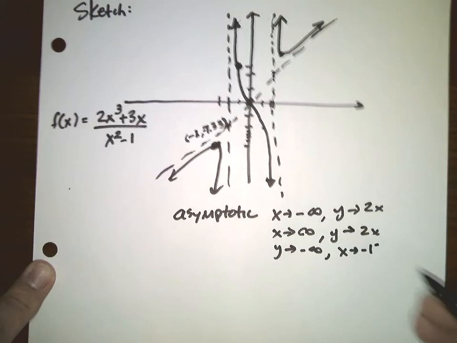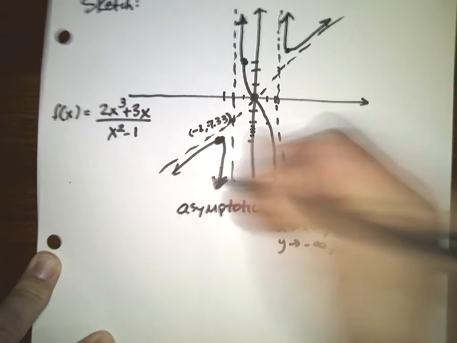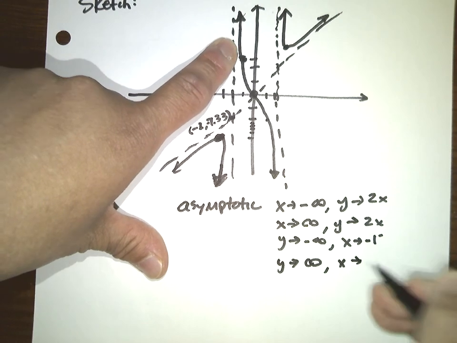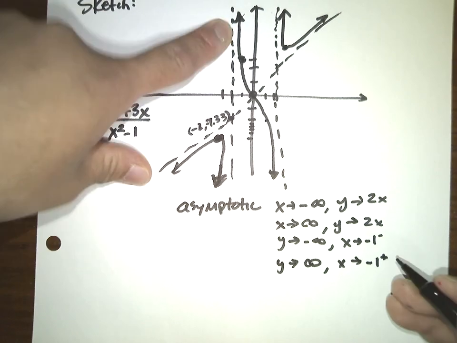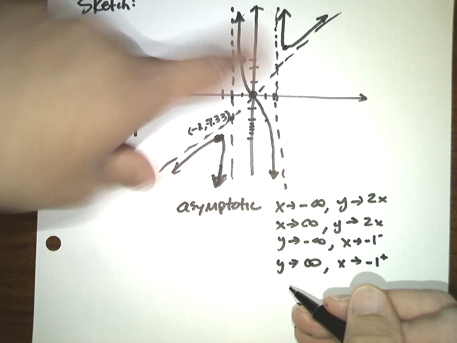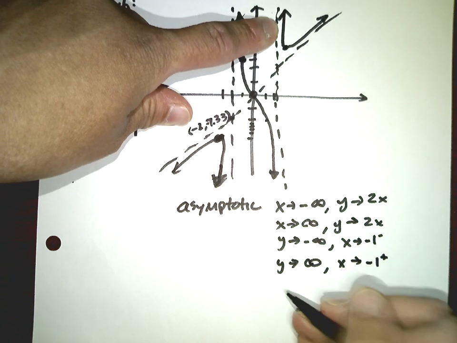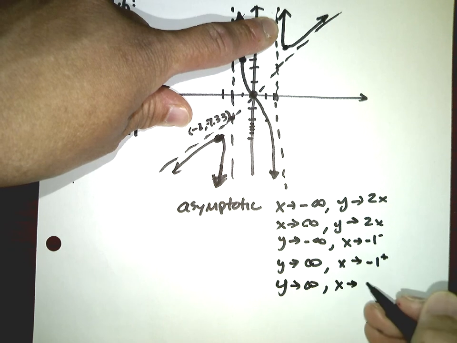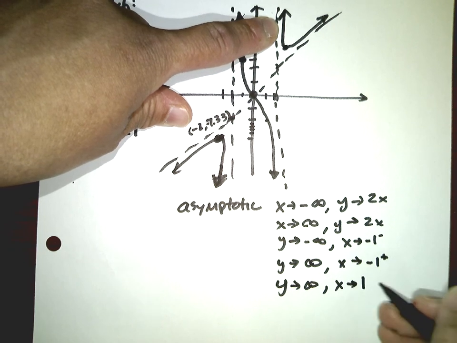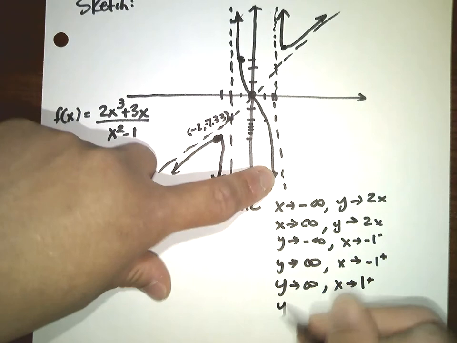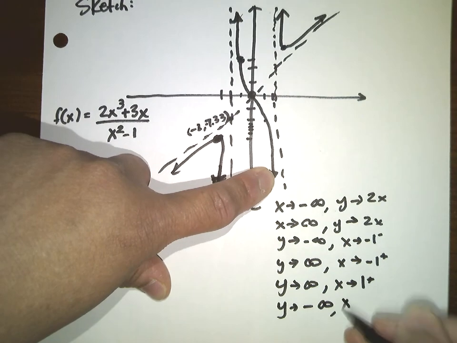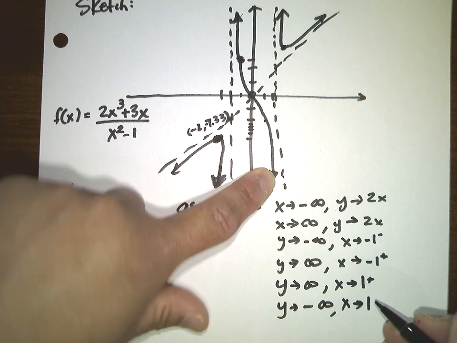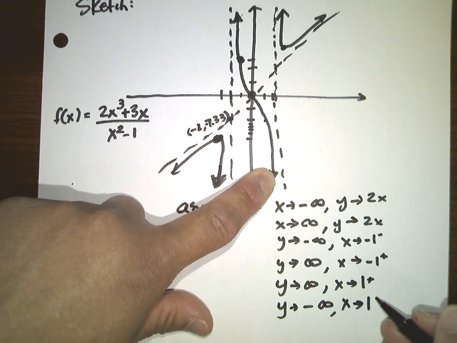That would be this one right here. And then y approaches infinity as x approaches negative 1 from the right. That would be that one right here. And then as y approaches infinity, that would be as x approaches 1 from the right, and y approaches negative infinity as x approaches 1 from the left.